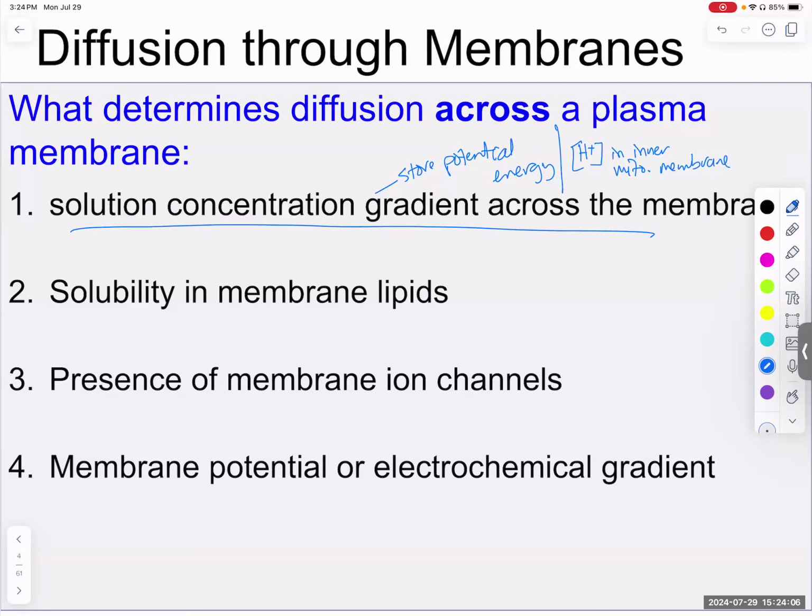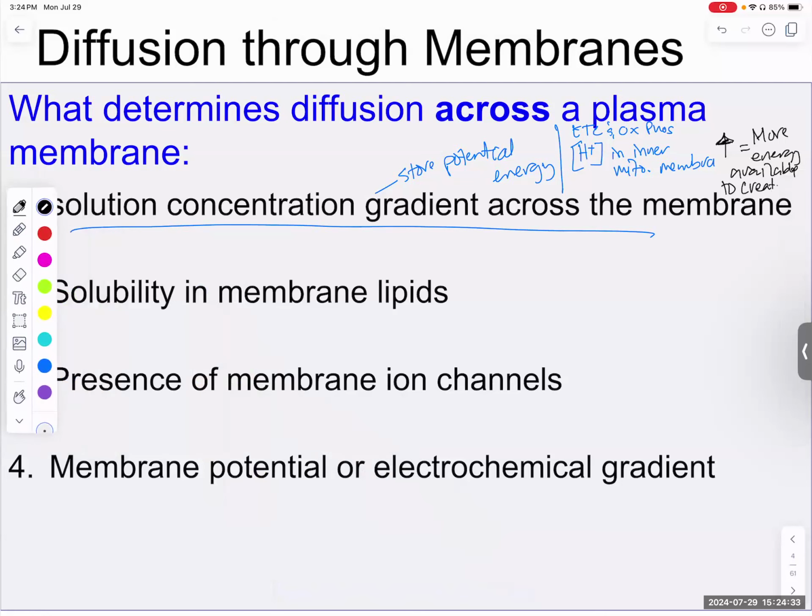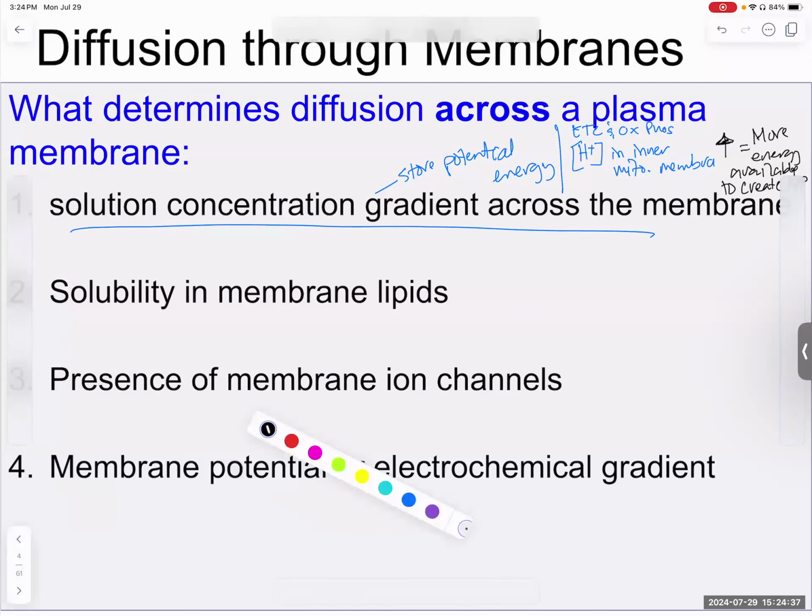This right here, created by the electron transport chain and oxidative phosphorylation, the higher that concentration gradient between the inner membrane and the inside of the mitochondria, the more energy available to create ATP. Concentration gradients are potential energy.